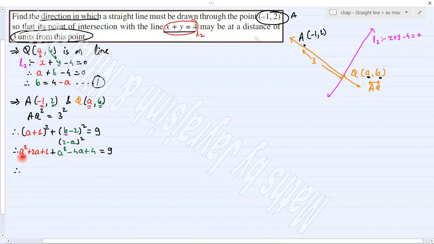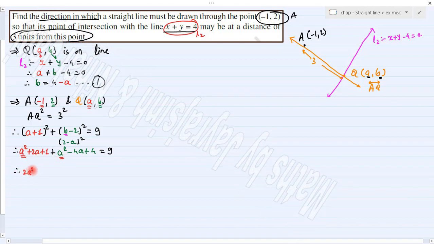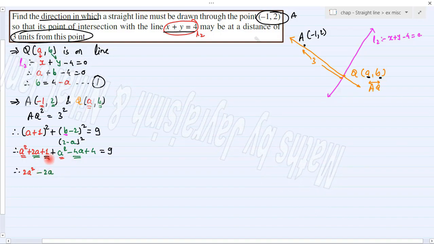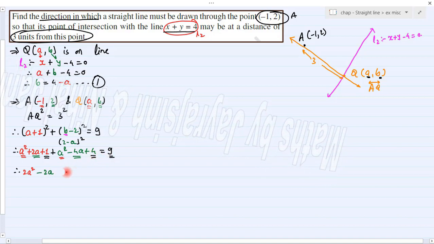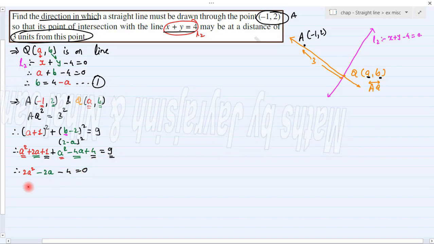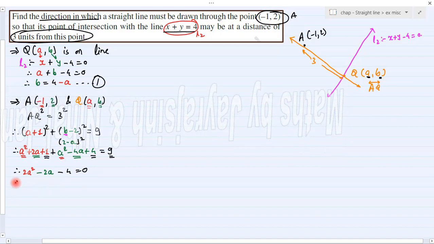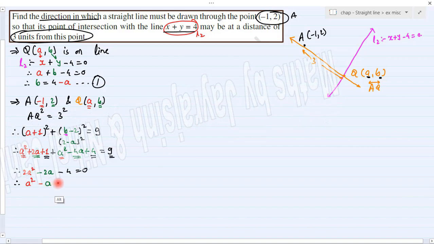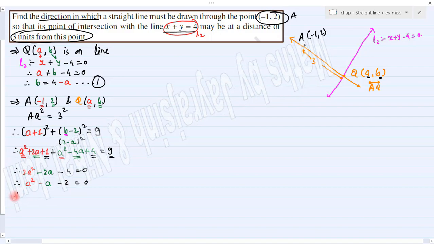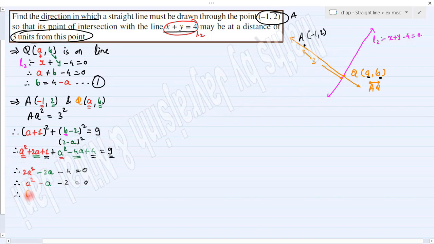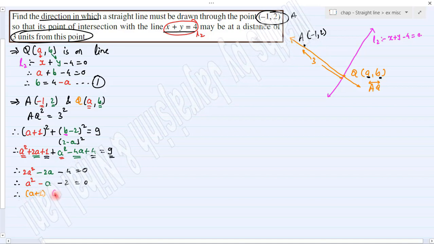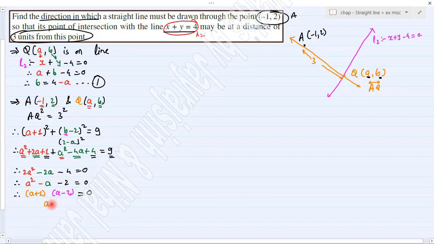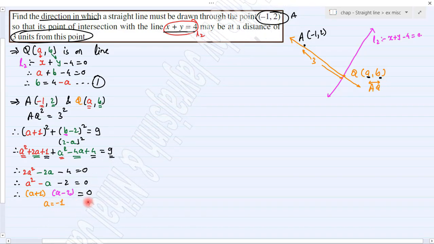So here we'll get A square plus A square, or we can say 2A square. 2A minus 4A will be minus 2A. 1 plus 4 minus 9 will be minus 4 equal to 0. Or if we take 2 common, we will get A square minus A minus 2 is equal to 0, which can be factorized as A plus 1 and A minus 2 is equal to 0.